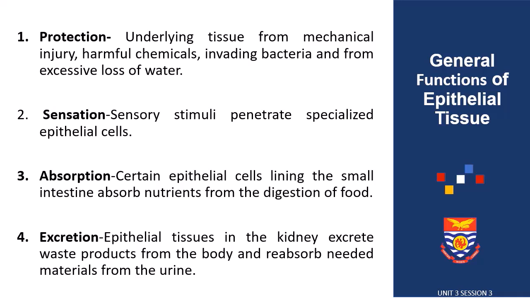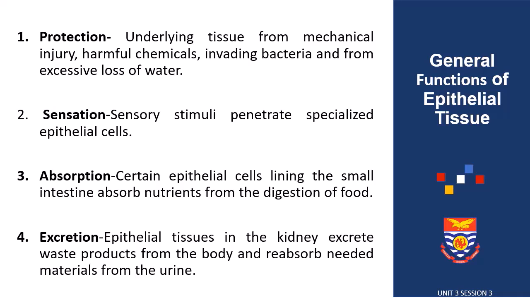Some are also involved in excretion, in that some epithelial tissues in the kidney excrete waste products from the body and ensure reabsorption of needed materials from urine as well. Also, sweat is excreted from the body by epithelial cells in the sweat gland.